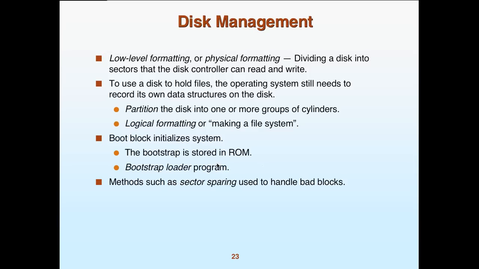Disk management. So, low-level formatting or physical formatting. This is partitioning. Not making directories like last week, but actually taking the hard disk and dividing it out. So, dividing a disk into sectors, and then the disk controller can read and write to different sectors. You're making it smaller.